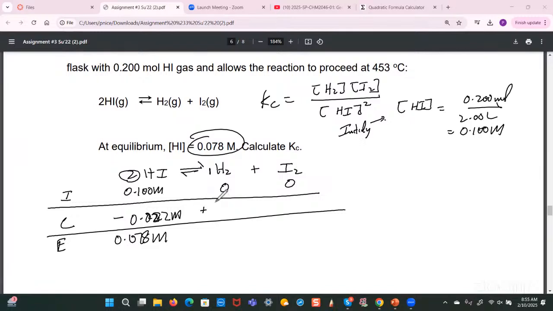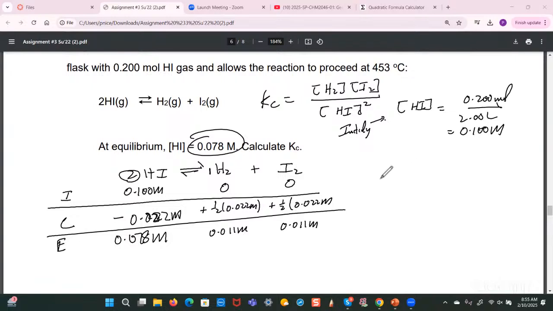So it would be plus half of 0.022 M, and the same for the I2. You have to think of the stoichiometry of the equation. So the concentration of H2 at equilibrium is going to be half of that, 0.011 M, and the same for the I2, 0.011 M.